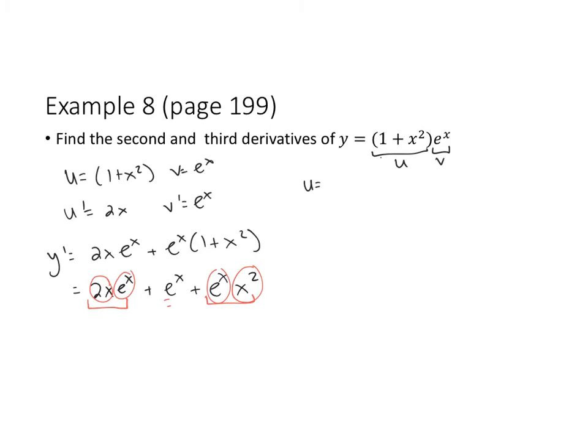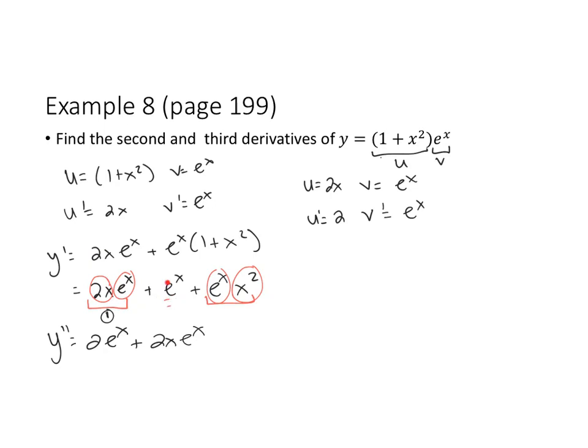My first u is 2x and my first v is e to the x. u prime is 2 and v prime is e to the x. So now I'm still just focusing on this right here, and it's 2 e to the x plus 2x e to the x.